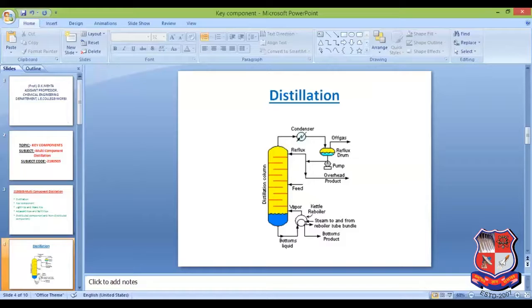But as we know, with the help of any mass transfer operation, we are never going to get complete separation. I just repeat, with the help of any mass transfer operation, we are never going to achieve complete separation. So there will be some A or more volatile component in residue in significant amount, and B will be there in distillate in significant amount.